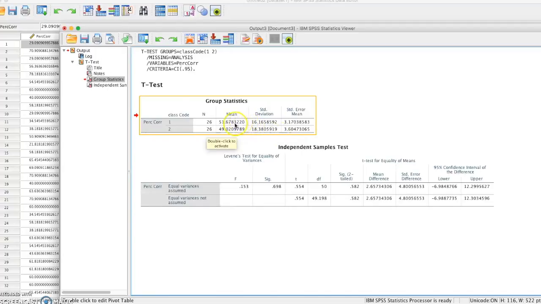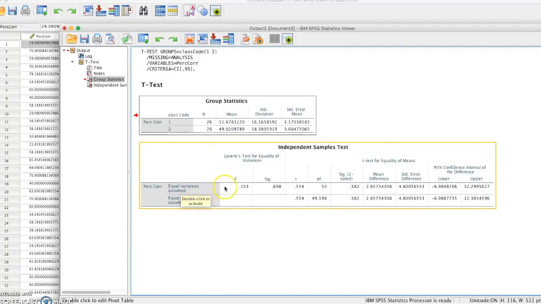Now most people could look at these two means, 51.6 and 49.0, and tell that those are different numbers. But the question we want to answer is, is that a significant difference? Is it statistically significant? And for that, we'll use the rest of this information that our output has given us. So we are going to read the top line of this test. And when we come over here, this significance is giving you your p-value.